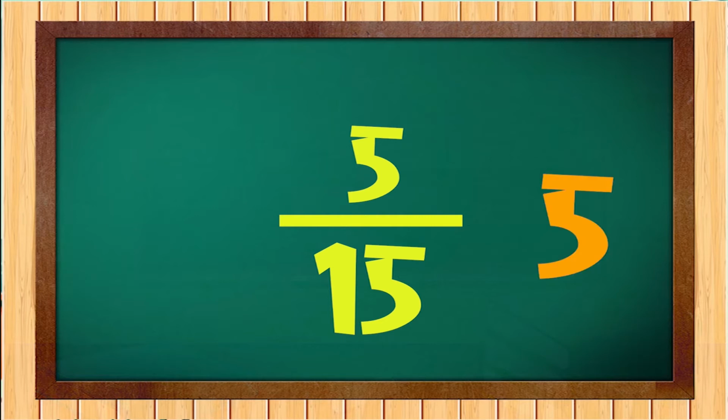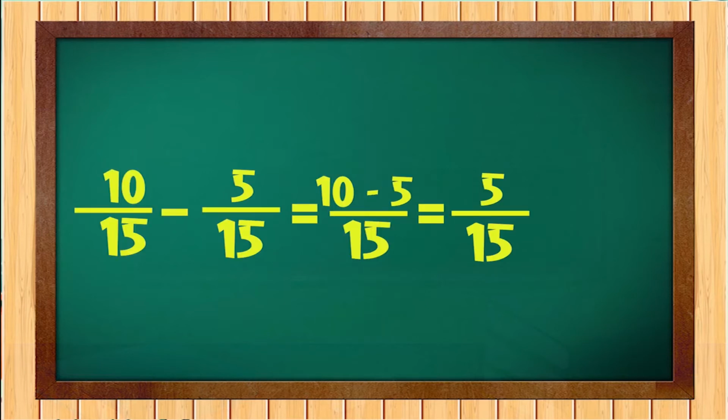Yes, we can use 5 because 5 can go into both 5 and 15 without leaving a remainder. So let's divide our numerator by 5 and our denominator by 5. 5 into 5 will give us 1. 5 into 15 will give us 3. Therefore, 5/15 in its simplest form is 1/3.